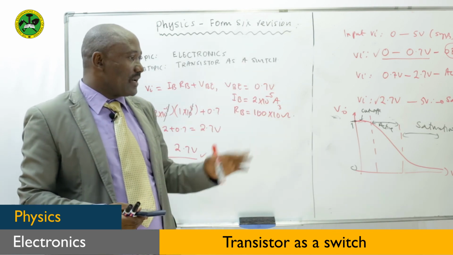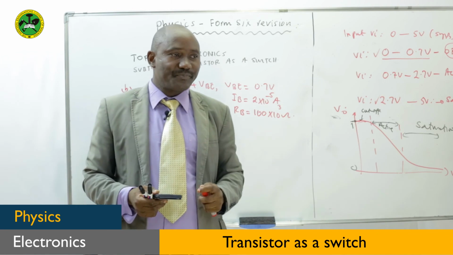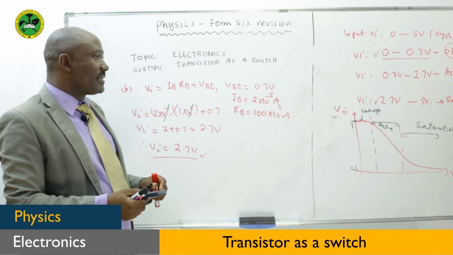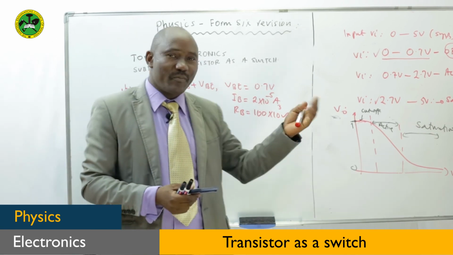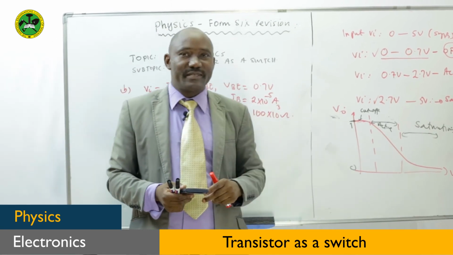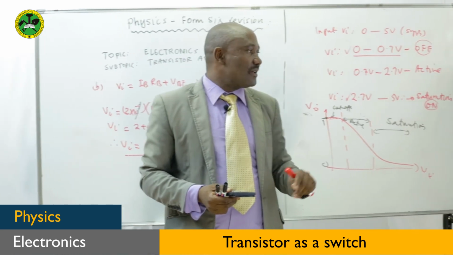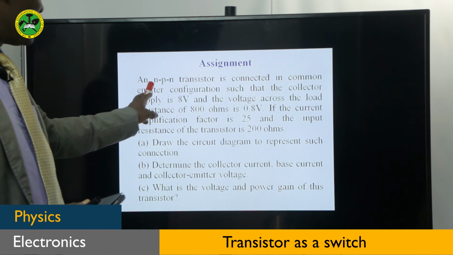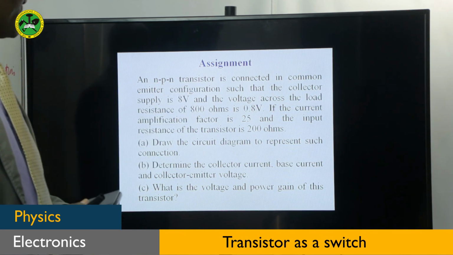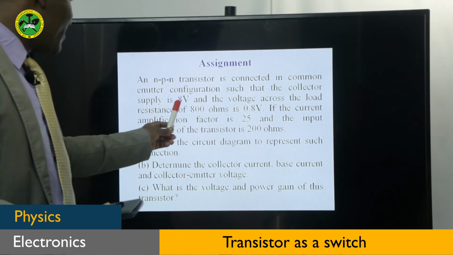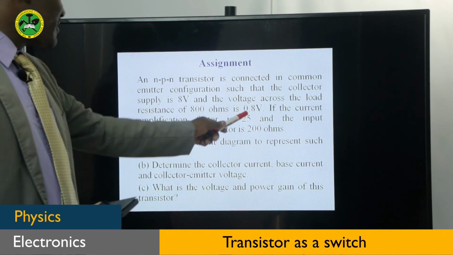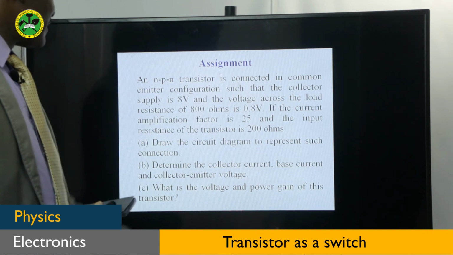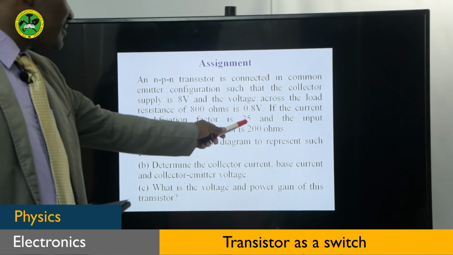Now, to finish up our discussion, let's see the assignment that you have, to check whether you have understood this part of the lesson. The question says you are given an NPN transistor. The way it's connected, it has a supply voltage of 8, the voltage across the resistance is 0.8, and the amplification factor of the transistor is given.